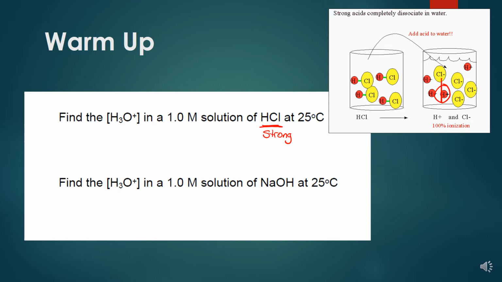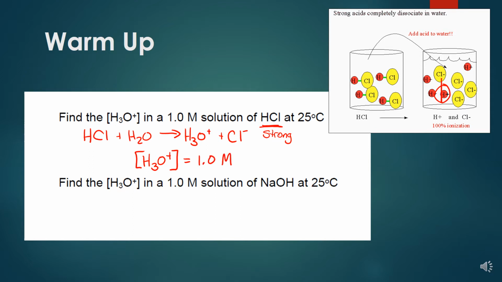So if we're finding the concentration of hydronium in a 1 molar solution of hydrochloric acid, because this is a strong acid, we can show that HCl plus water, one-way arrow, forms hydronium plus a chloride ion. With this, the concentration of hydronium is in a 1-to-1 ratio with the hydrochloric acid, so it's 1.0 moles per liter.